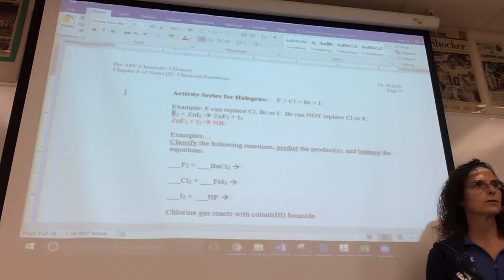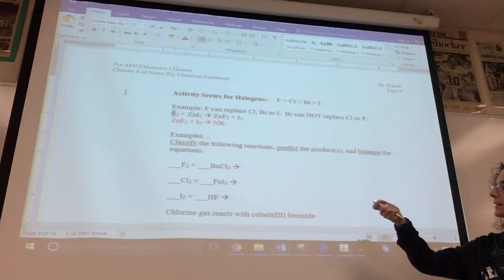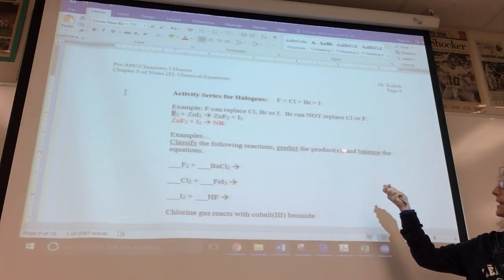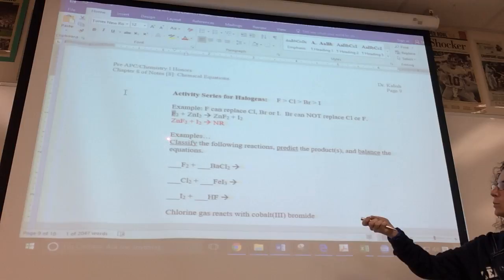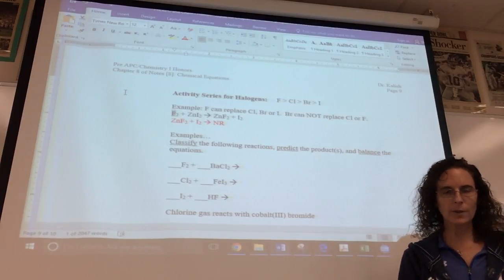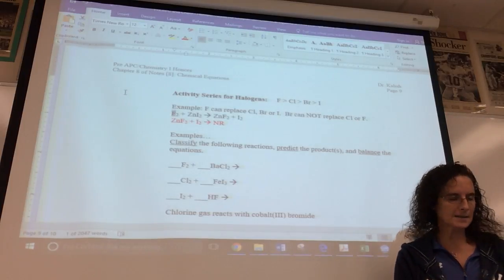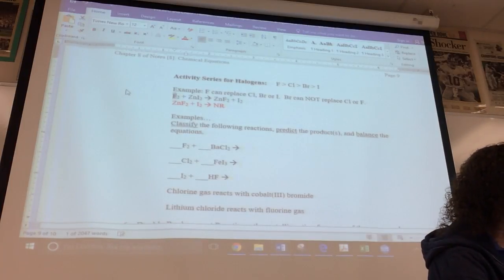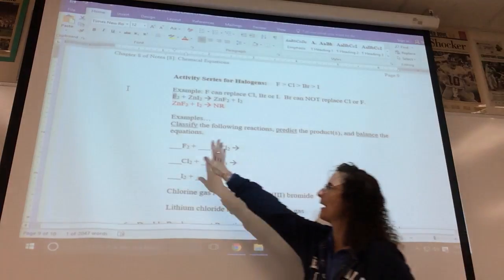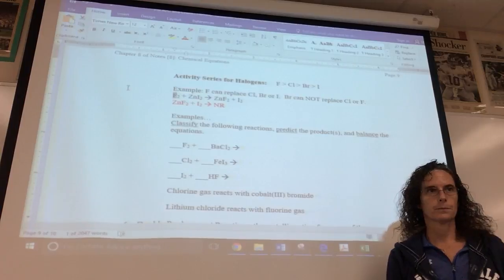Let's walk through several here. The last grouping is the easiest. This to me is the trickiest. Directions the same as we've seen 6 times between going through everything last time and this time. Classify, predict, balance. So they're all going to be classified as single replacement. You can recognize them as single replacement because you're going to have a halogen and a compound.